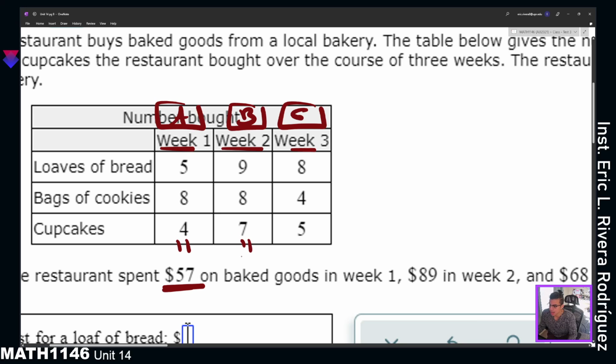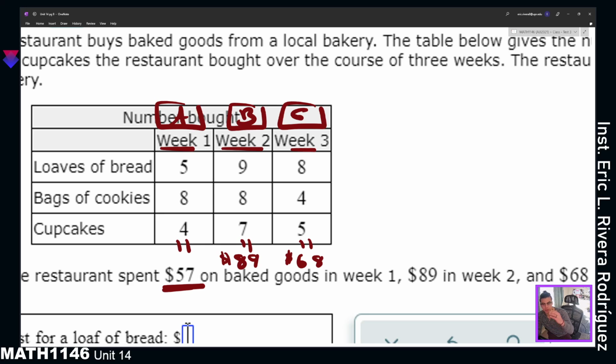From week 2 was 89, and from week 3 was 68. We do not know yet exactly how we are going to write the system here.